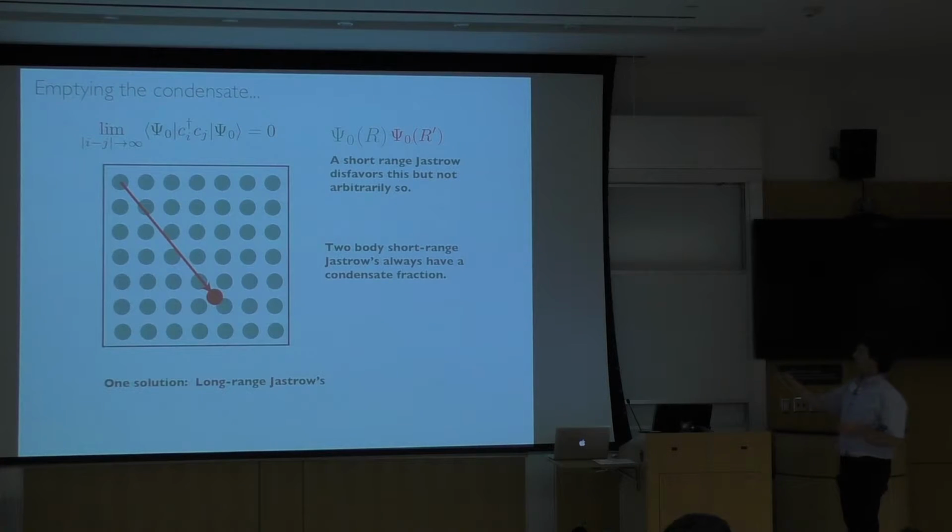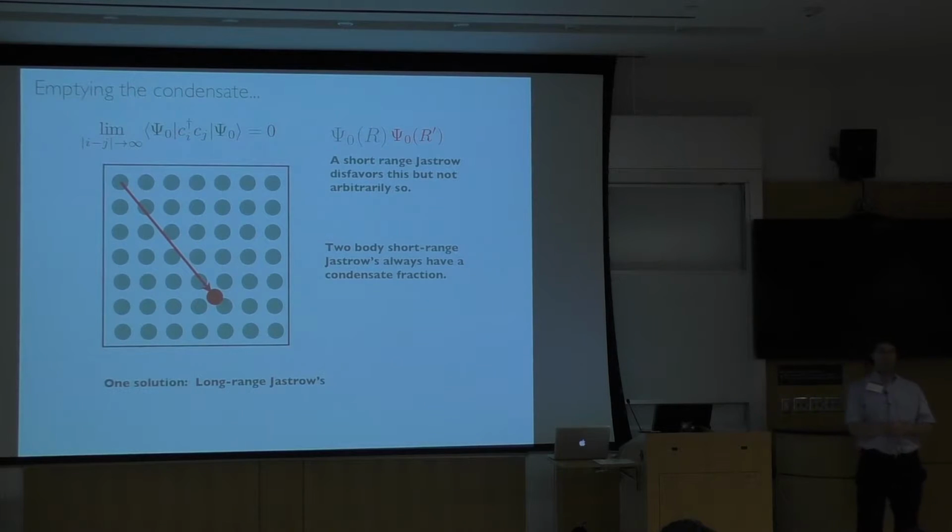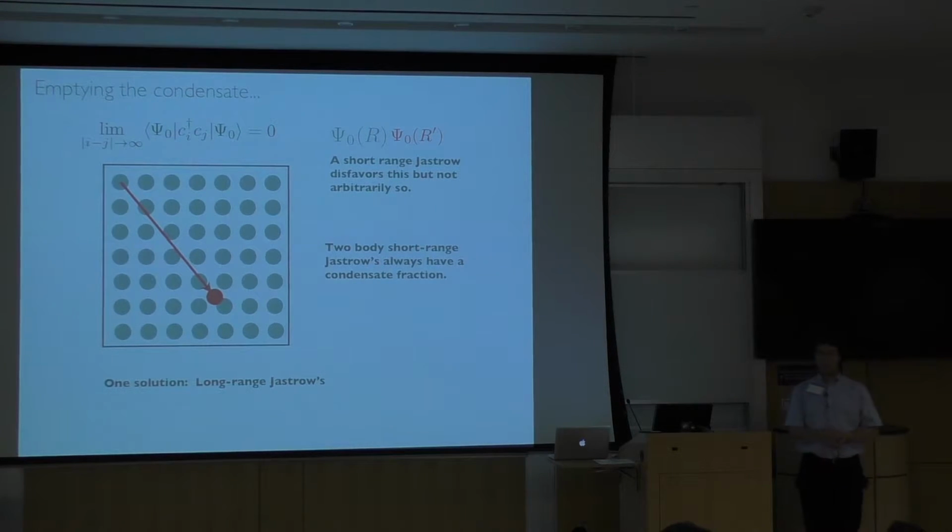And what you'll see is that if I have a short-range Jastrow and I destroy a particle over here and I create it over here, there's some cost to doing that, but there's not an infinite cost to doing that. That amplitude, that probability doesn't go to 0. And so any short-range two-body Jastrow will always have a Bose condensate, will always be a superfluid, and therefore is not a very good representation of a Mott insulator.